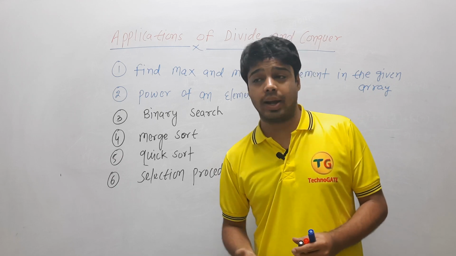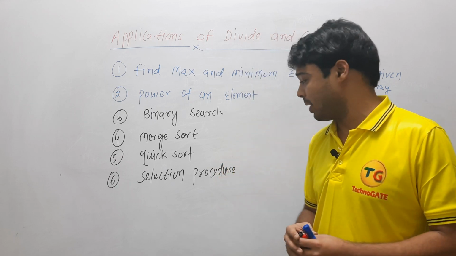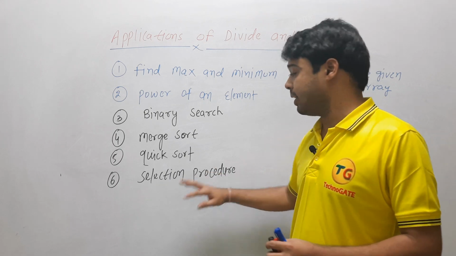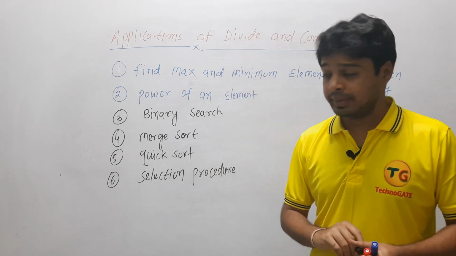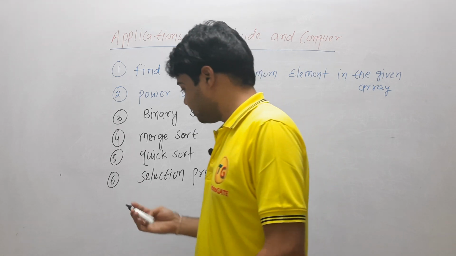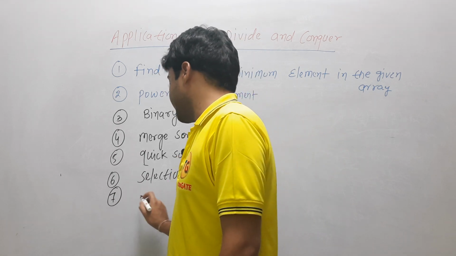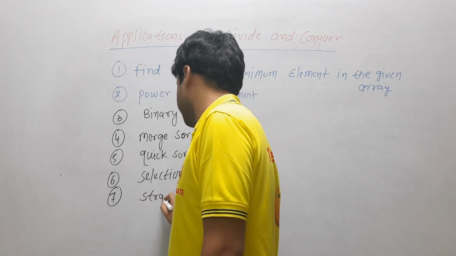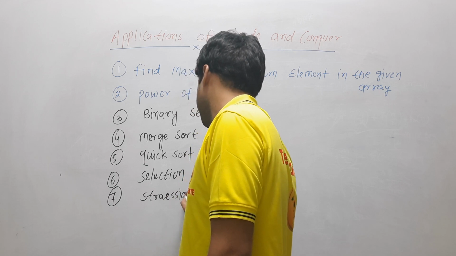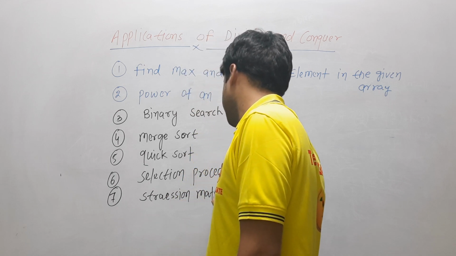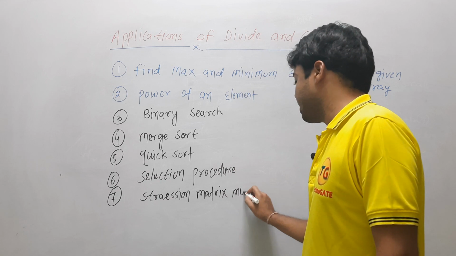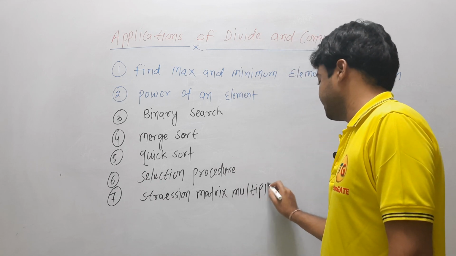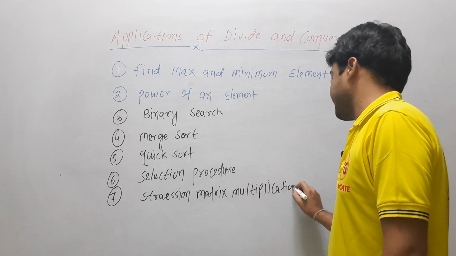If you want to find the kth maximum or kth minimum element, we need a selection procedure, and it is based on divide and conquer. Next one is Strassen matrix multiplication. This is the seventh application here.